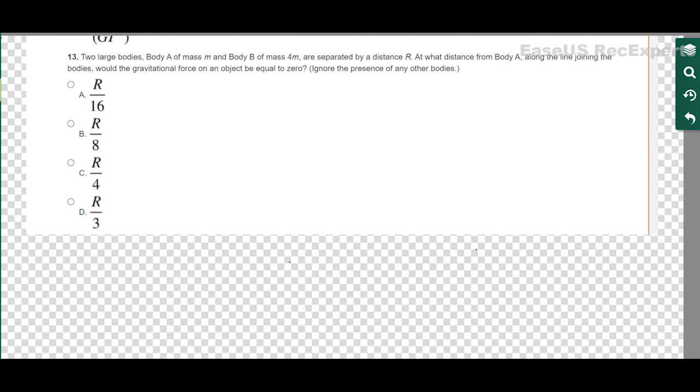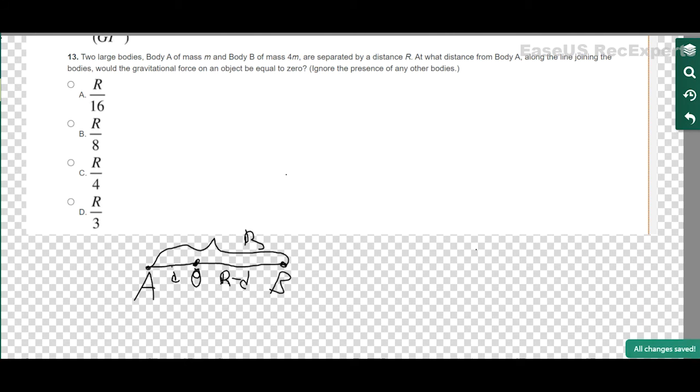Alright, so we will have body B, then we'll have body A. We know that the distance between these two bodies is equal to r, and we have an object in the middle of them, which we'll label O. Now we'll label the distance from A to O as d, thereby making the distance from O to B r minus d.